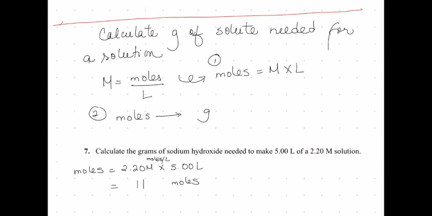So I'm just going to write 11. And then in the second step, we're going to say, okay, 11 moles, in this case sodium hydroxide, NaOH, we need to change that into grams.